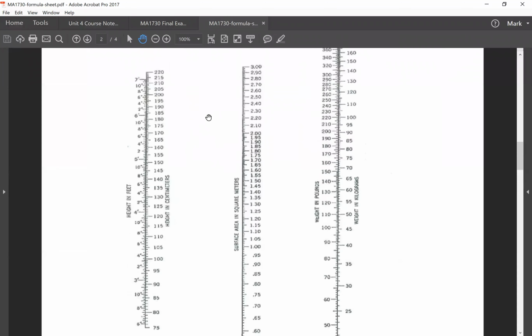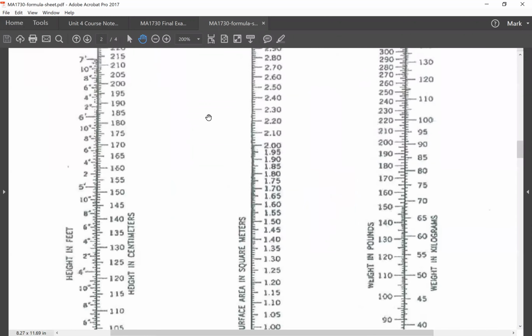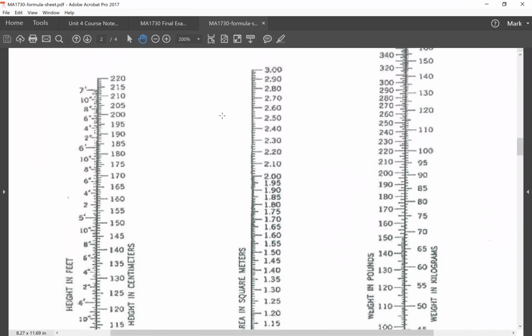Let me zoom in a little bit. 6'3" is in the middle between 6'2" and 6'4". So 6'3" is here. If you don't like that, you can always change the person's height to centimeters, but this doesn't have to be perfect. And I think it said that they were 235.